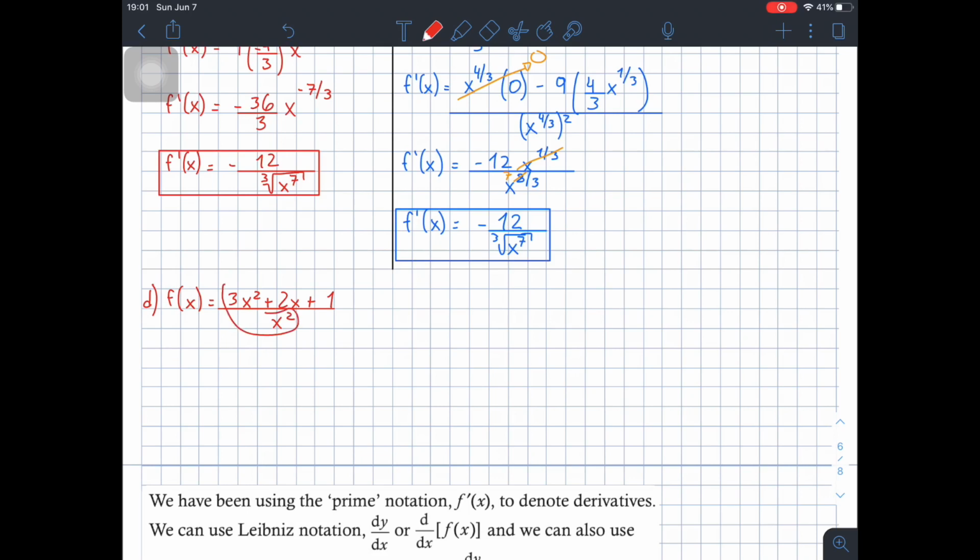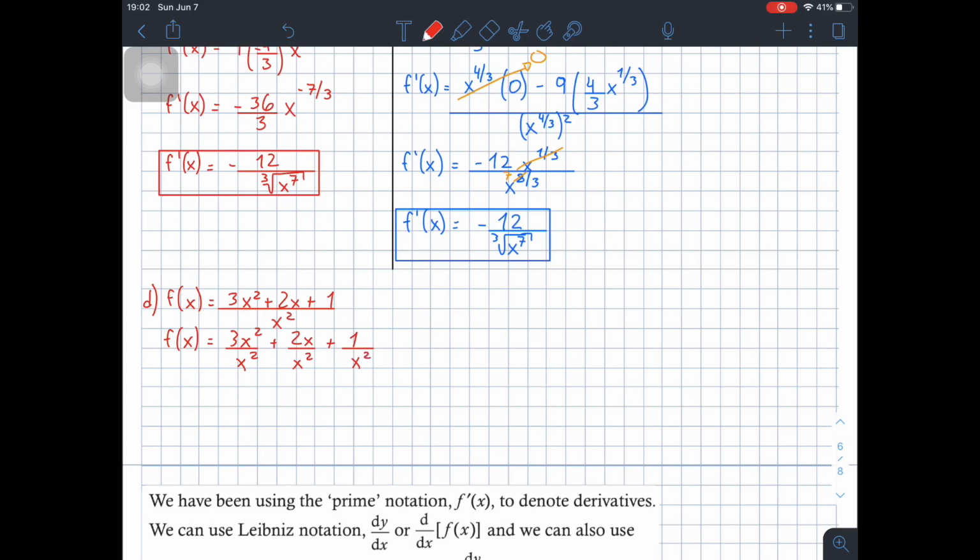It will be this plus this plus this, okay? So if I rewrite this function, this would be equal to f of x equals 3x squared over x squared plus 2x over x squared plus 1 over x squared.